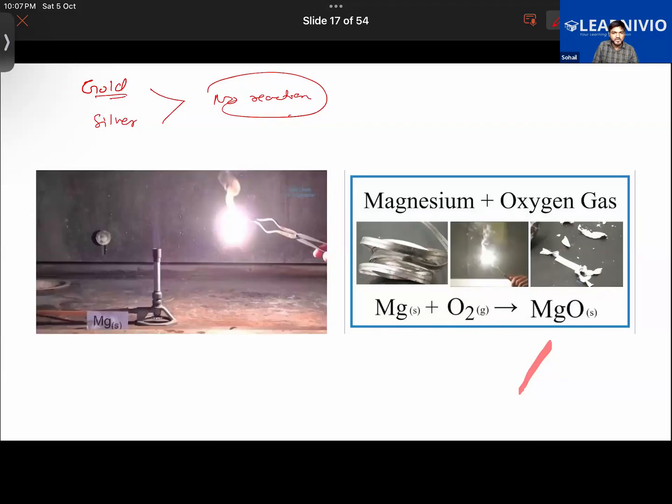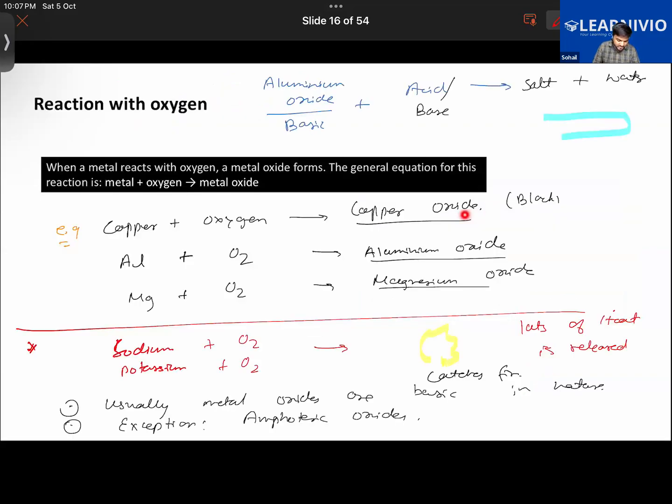Further, when you see copper vessels, objects made up of copper, after some time they blacken. Why does it become black? Because of the deposition of a layer of copper oxide on it. So if a layer of copper oxide has already formed over the copper object, the process of further reaction will stop.